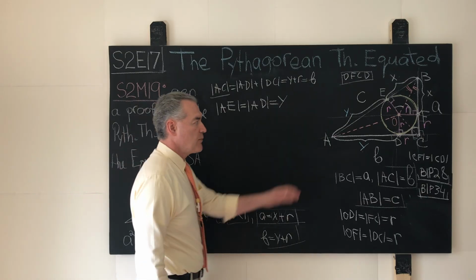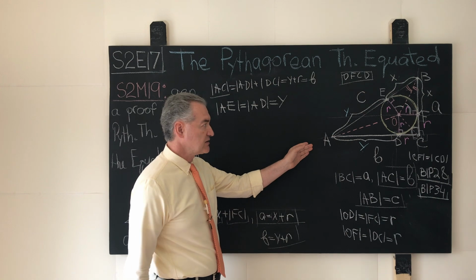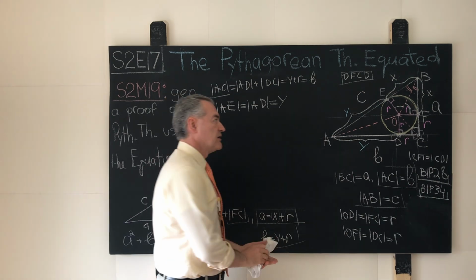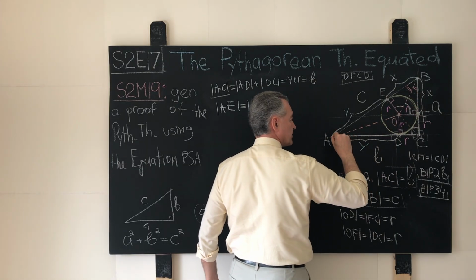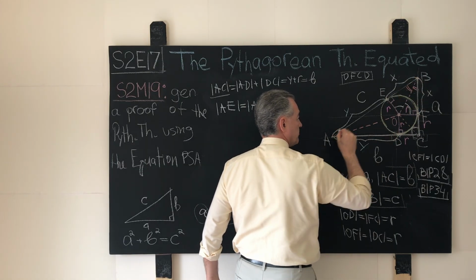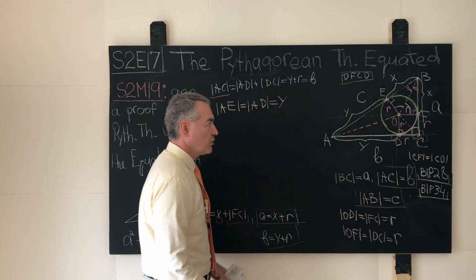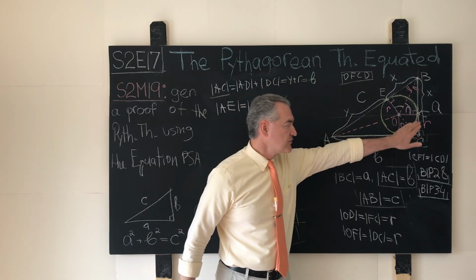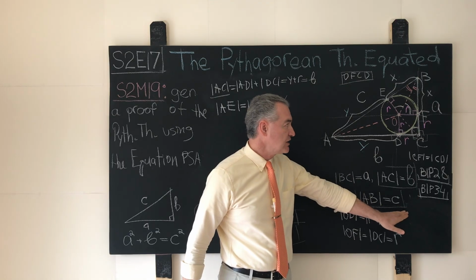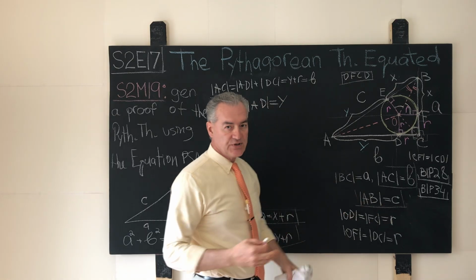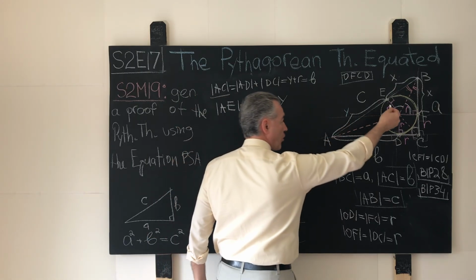But what happens now? Do we keep chasing our own tail, or does this process terminate nicely and in our favor? Well, let's look at the point E, the point where the inner circle of the given triangle touches the hypotenuse AB, to which we refer as C. Just like the points F and D, the point E partitions the hypotenuse C into two distinct line segments. Partitioning means that the division is tight, with no gaps and no overlaps.